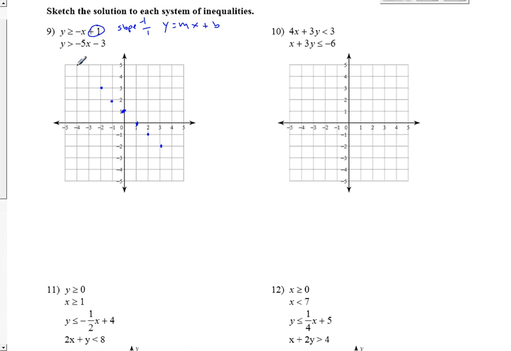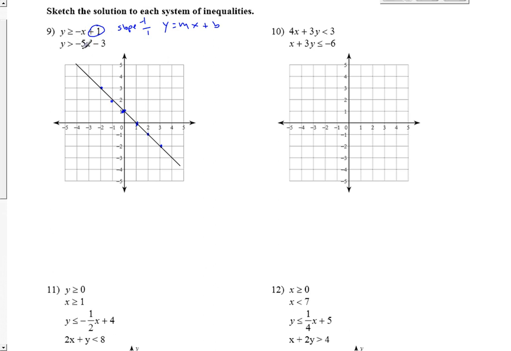So here, this is my line. Okay, so then that is my first line.